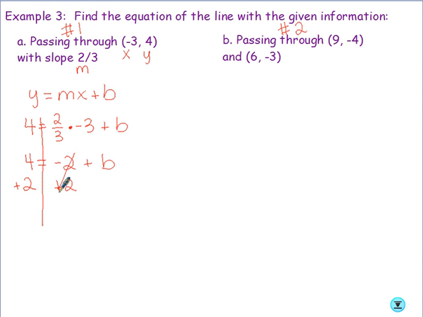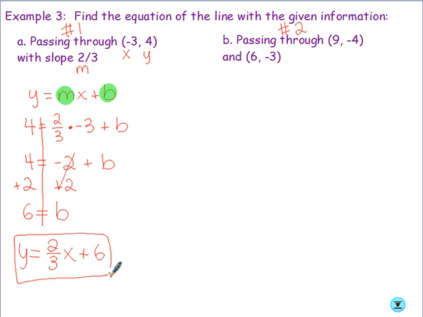Cancel. 4 plus 2 is 6, and we have b left over. We now have both pieces of information to plug in to m and b. So y equals m is 2 over 3, then we got x, and b is 6, so we have plus 6.